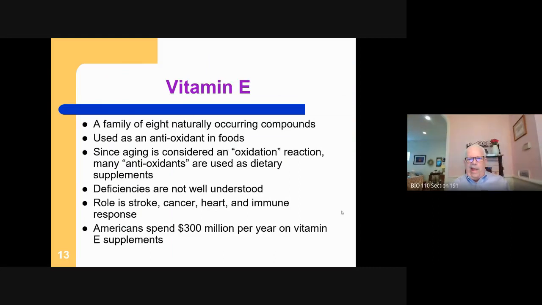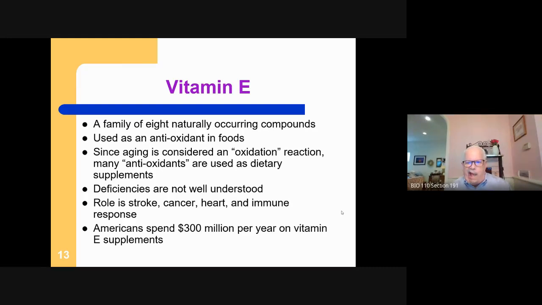Vitamin E, another fat-soluble vitamin. It is the strongest antioxidant vitamin there is. It is essential in blood thinning. It reduces stroke.